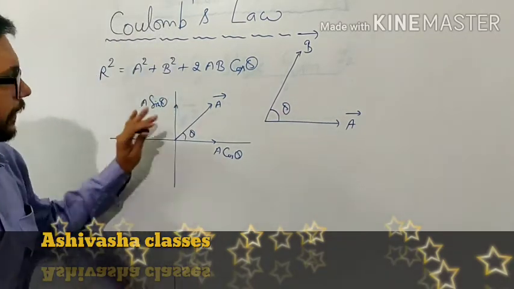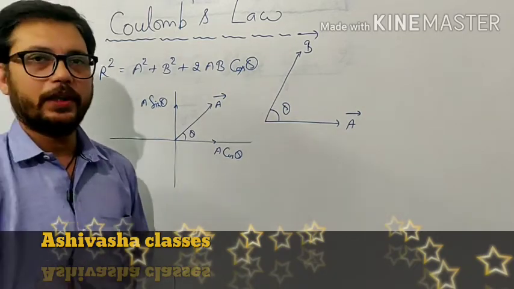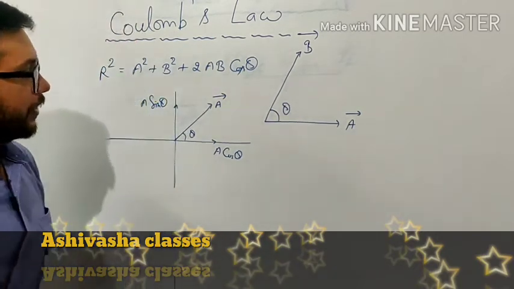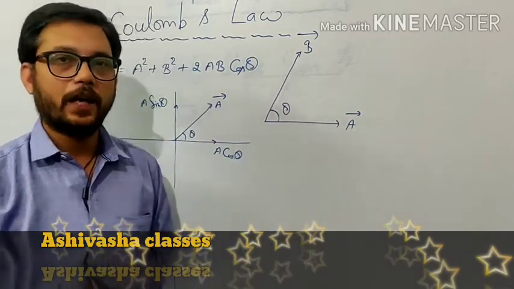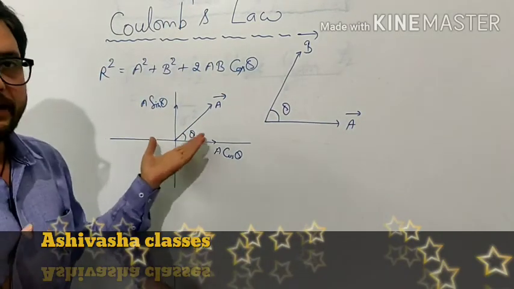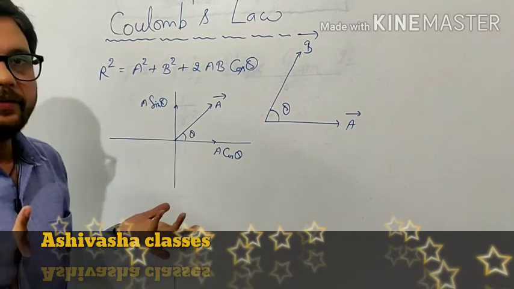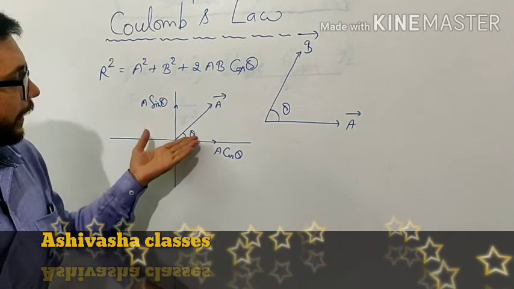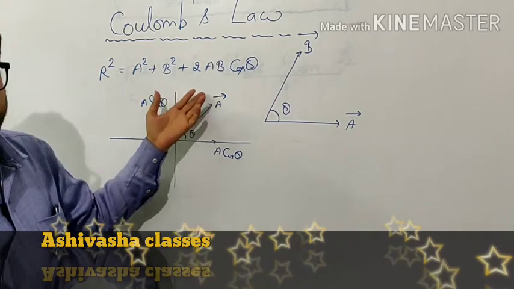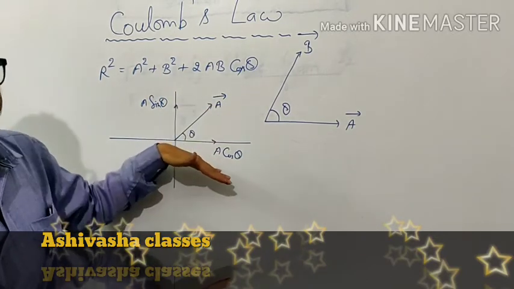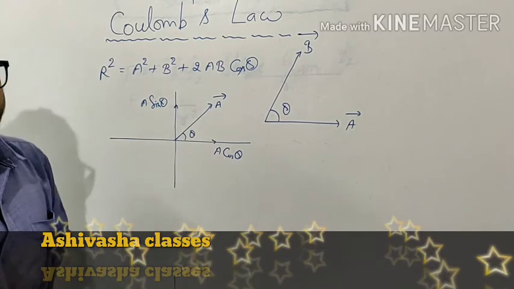So this resolution method is helpful in that case in which we don't know the angle. In that case we have to consider an angle by ourselves, and by assuming a certain angle we can resolve any vector which is in a plane as A cos theta and A sin theta.